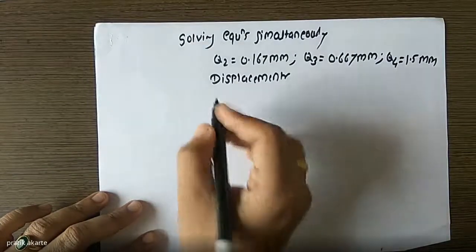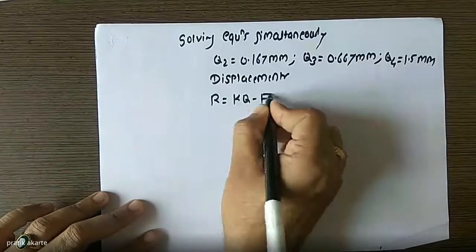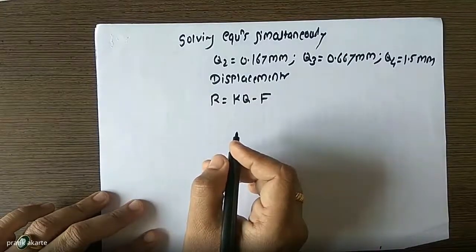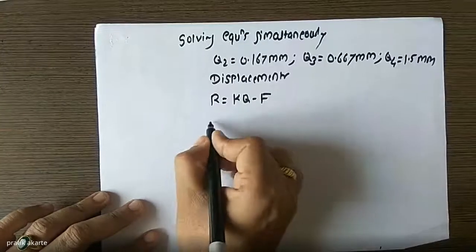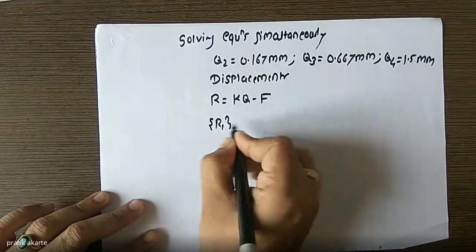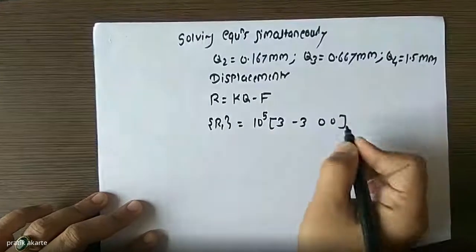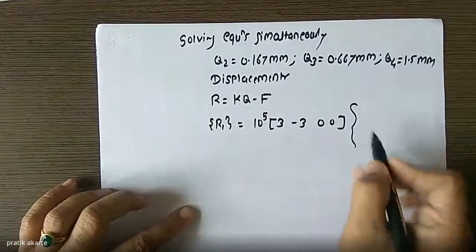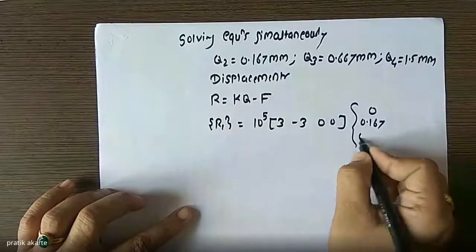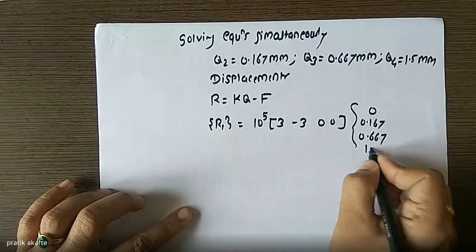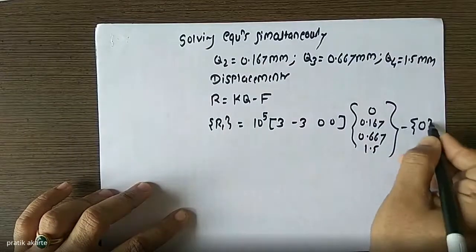To find the reaction forces, I can use R is equal to KQ minus F. The reaction force exists at only node 1, because it is fixed. So I can write R1 equal to 10 raised to 5, 3, minus 3, 0, 0, which is the first row, times 0, 0.167, 0.667, 1.5, and the force is 0.